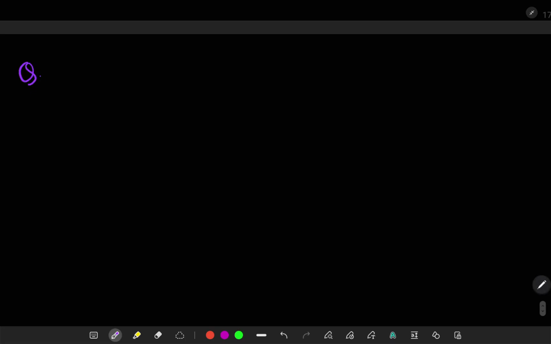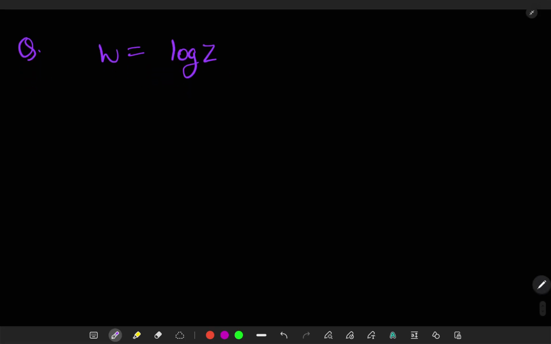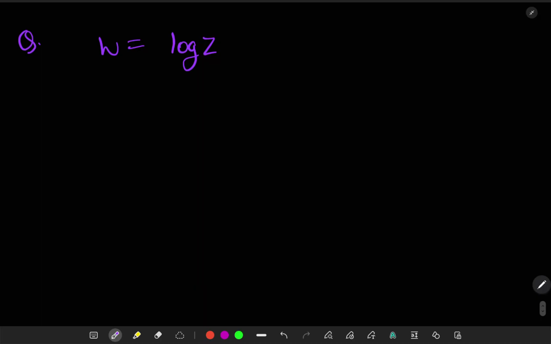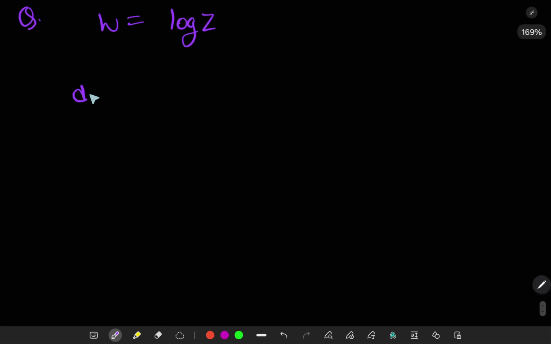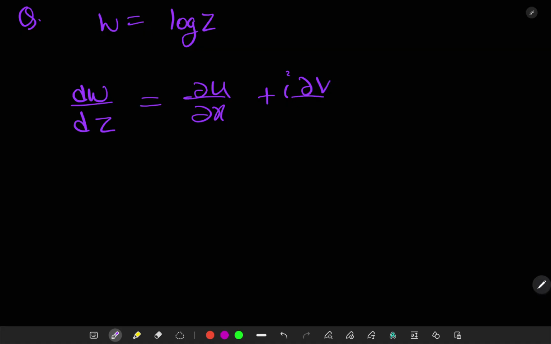Let's do a question on w is equal to log z. Here in this question we need to find the value of dw over dz. As we know, for Cauchy Riemann we can write this into this.